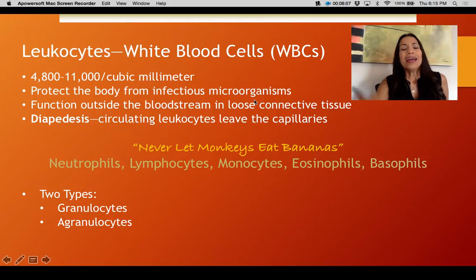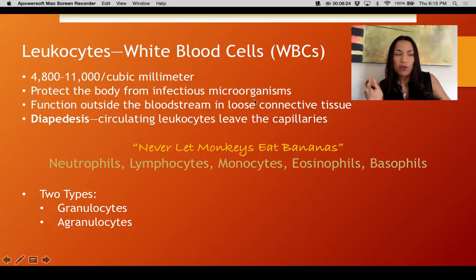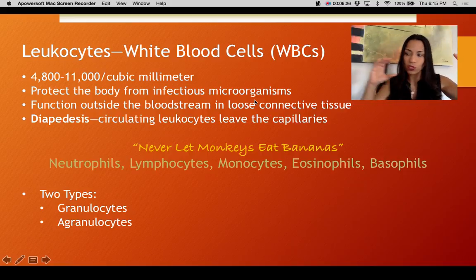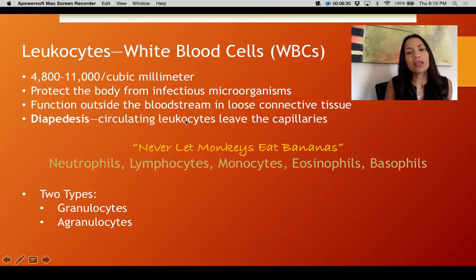Now, never let monkeys eat bananas. Never. That's a mnemonic we use to remember the leukocytes, the white blood cells, in order from the most abundant to the least abundant in blood. So never let monkeys eat bananas.